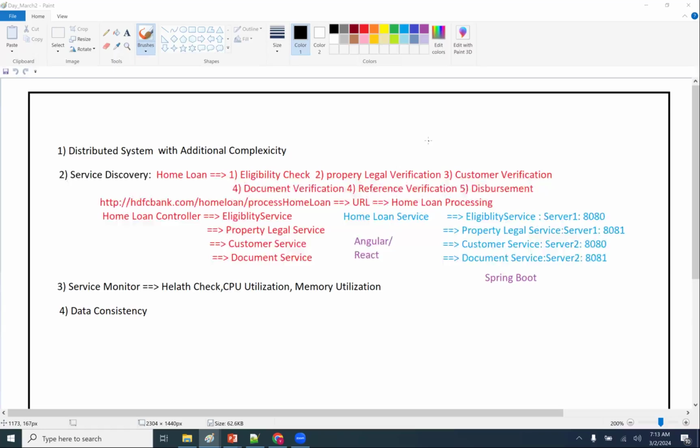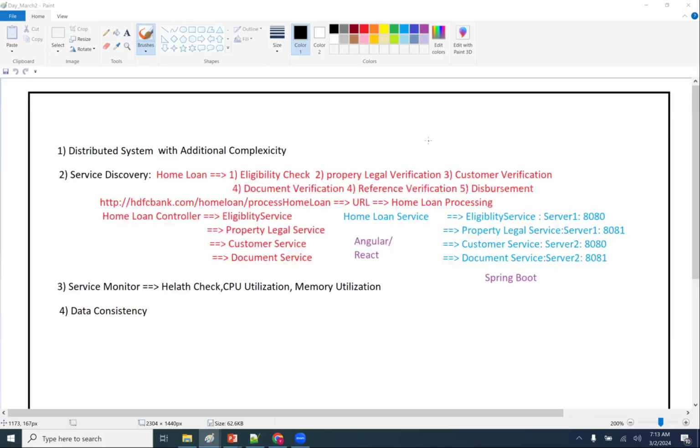Whenever it comes to microservices, every service is independent, so every service runs on its own port number, like eligibility service 8080, property legal service 8081, customer service and document service, something like that.